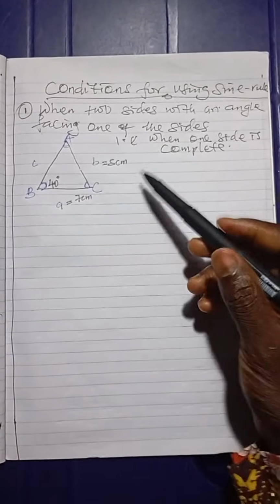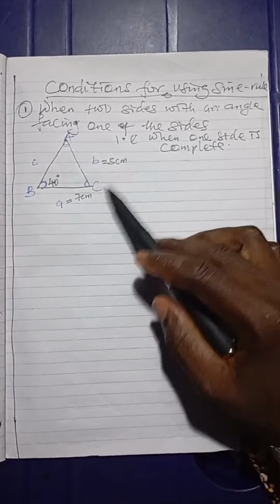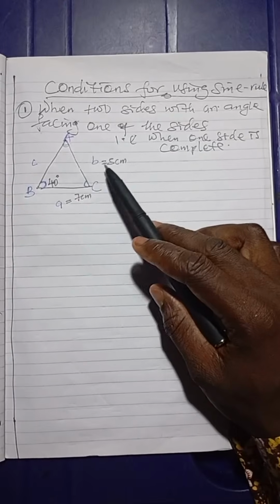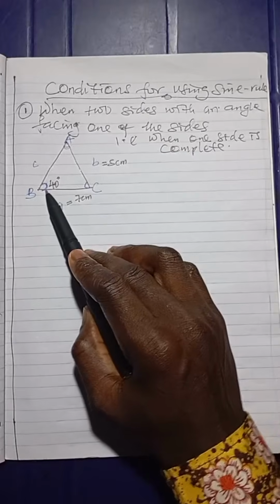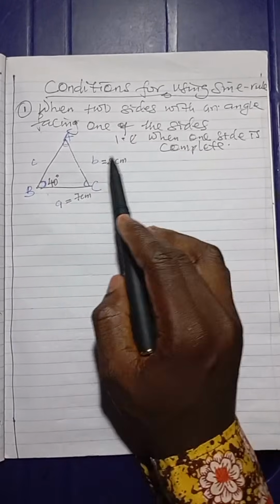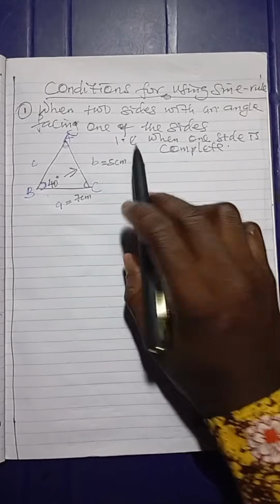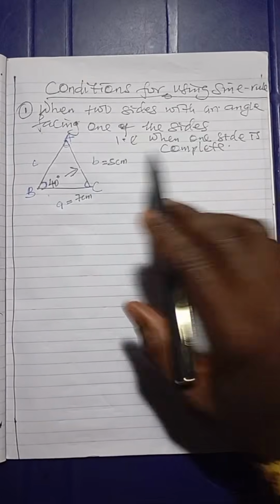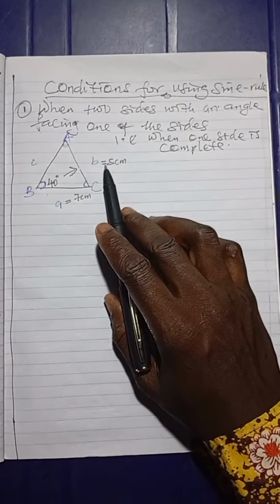So you notice that, as I said, when two sides have been given, with an angle facing one of the sides, we can say that this side is complete. That is why I said that is when one side is complete. It's complete because we have both the angle and the side given. All right. So you can apply the sine rule here to solve for any of the sides or angles required.